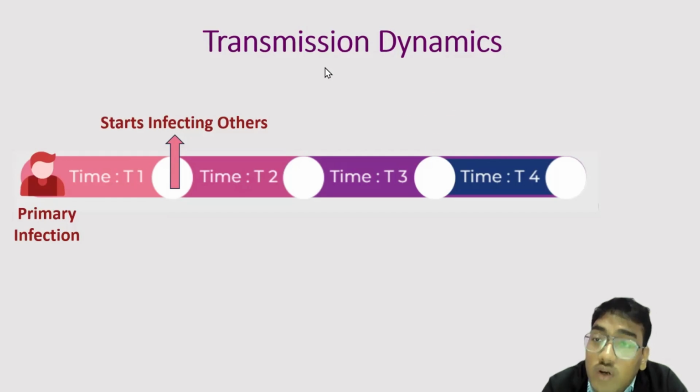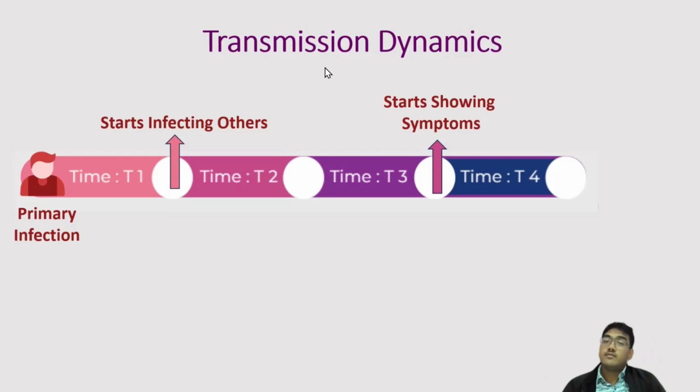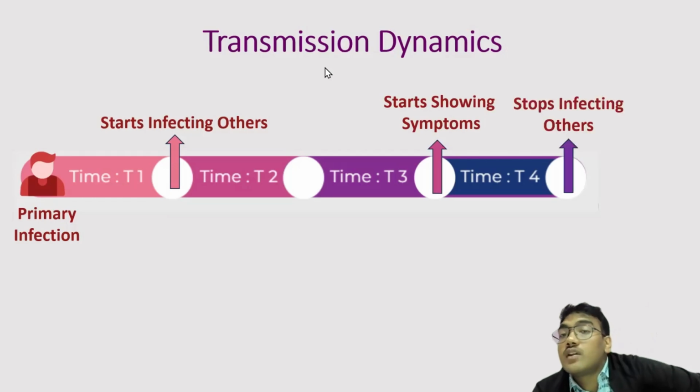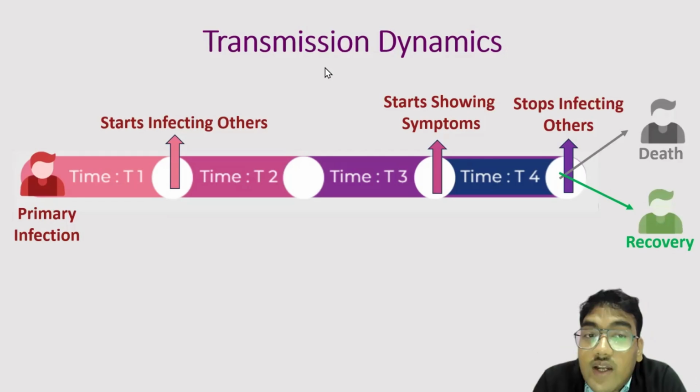And after some more time, this person will start showing symptoms. And again, after some time, this person will either recover or die. So they will stop infecting others. The natural course of events.